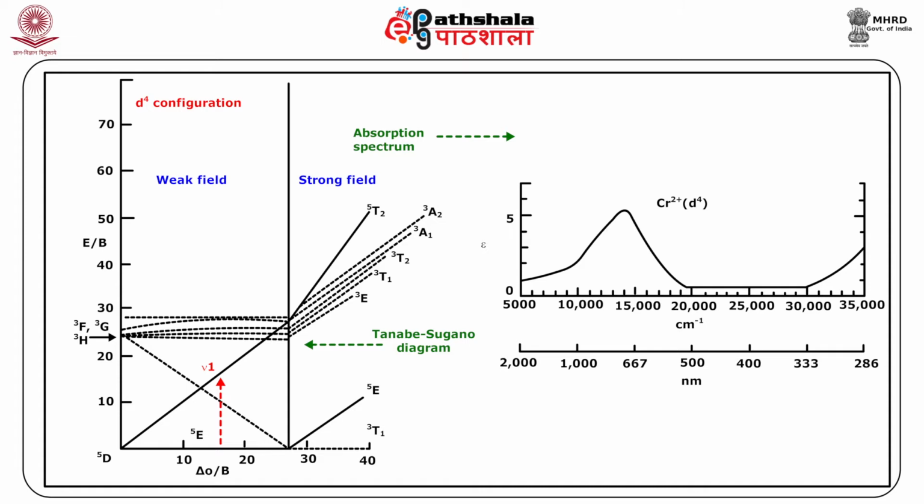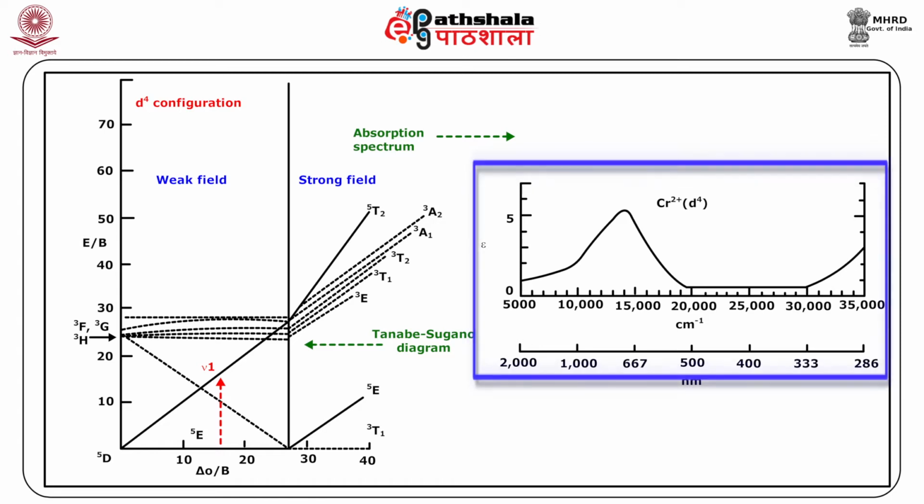Hence, the vertical line in between can be thought of as a divider which separates but relates the two types of fields, namely weak and strong. At the dividing line, the ground state changes from 5Eg to triplet T1g. Thus, the spin multiplicity also changes from 5 to 3, which suggests the change in the number of unpaired electrons in the two electronic configurations.